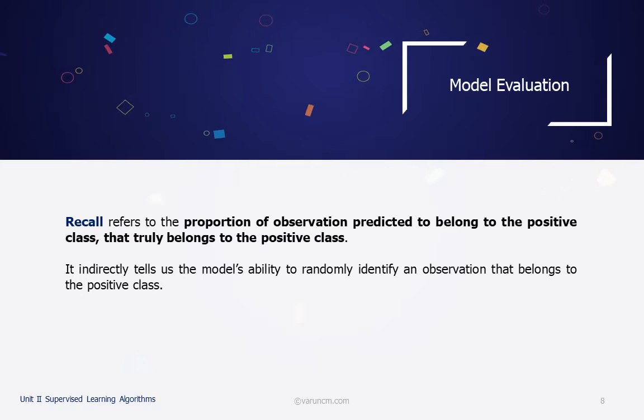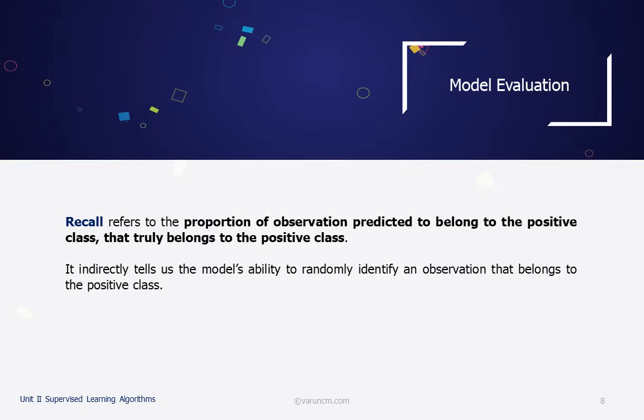So first you identify the positive samples identified as positive, relative to the total number of positive samples. This is the ratio by which you calculate the recall. It measures the model's ability to detect positive samples. Here we consider only the positive samples.